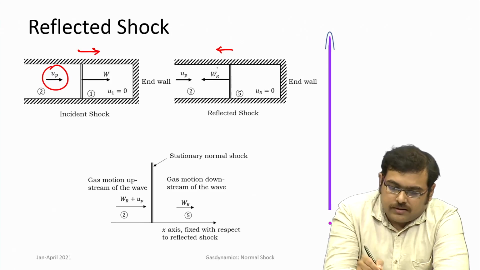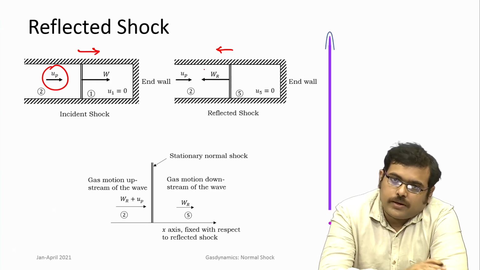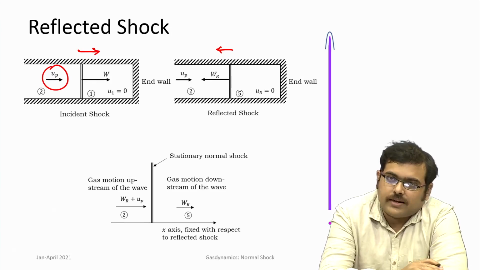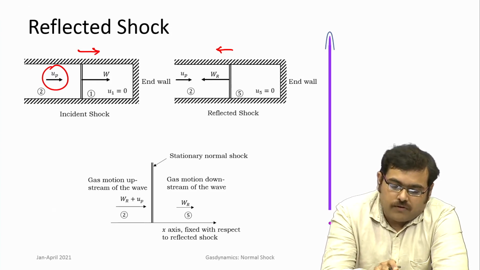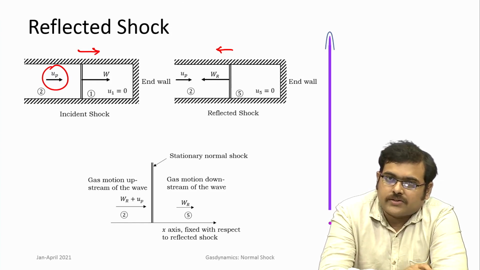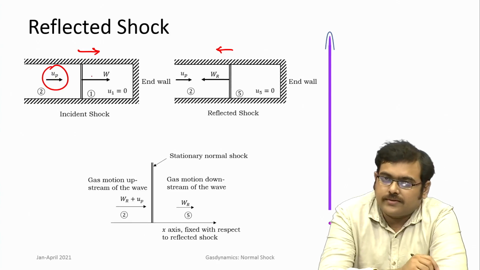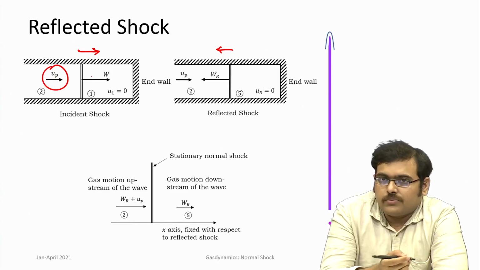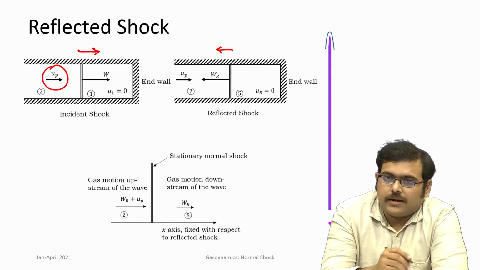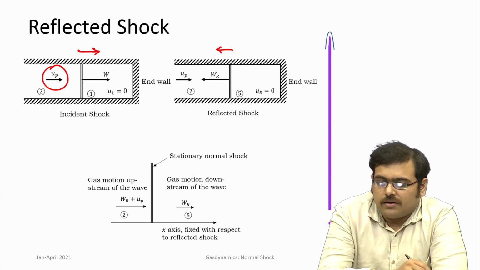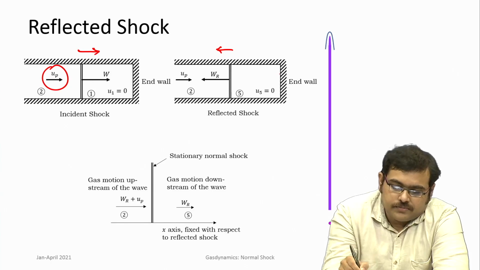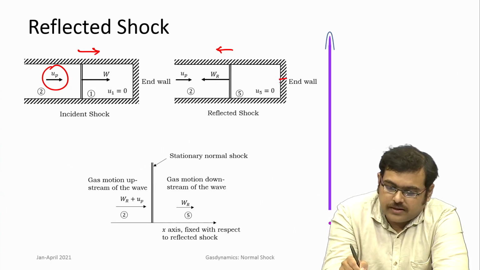Now, the reflected shock is also a moving shock. So, the analysis of reflected shock follows similar lines as the analysis of the moving shock itself. But now you see the boundary conditions, or the conditions that you have to apply, have changed. First thing is that the boundary condition at the wall is that the velocity should be 0.